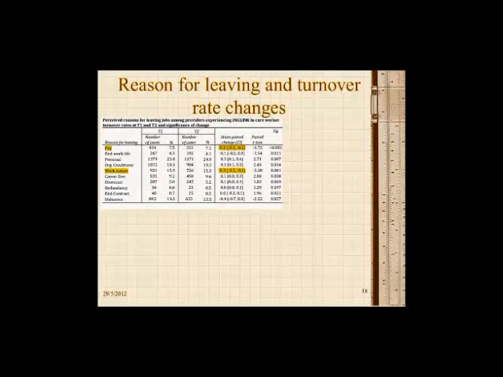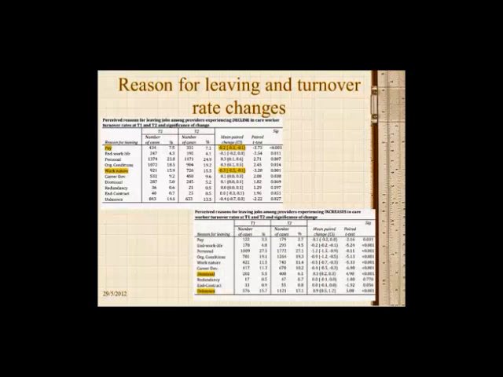So at T2, they realized that pay was better and the working nature, which means the suitability of candidates, was better. When we contrast that with those for whom things went badly, we find that dismissals have increased significantly and unknown reasons have increased.